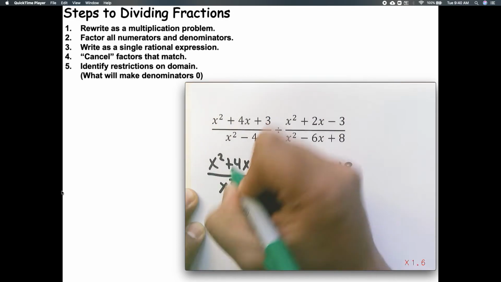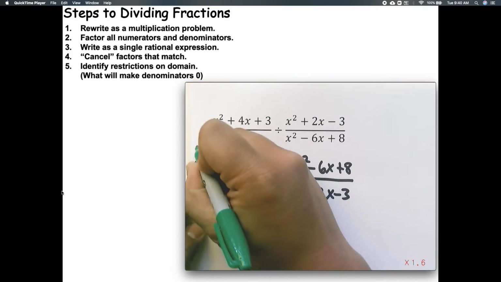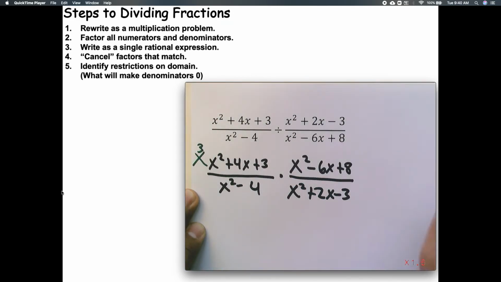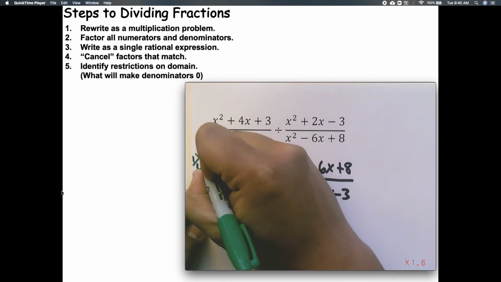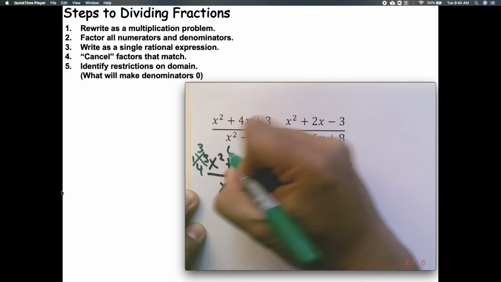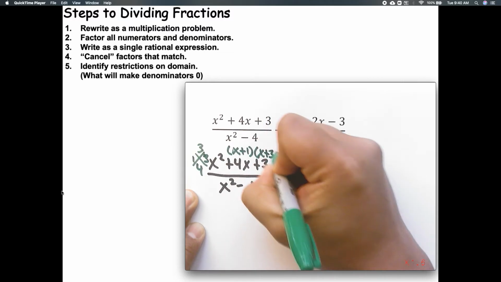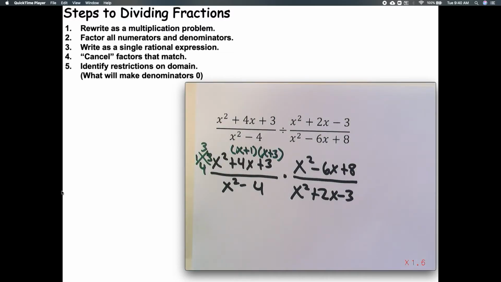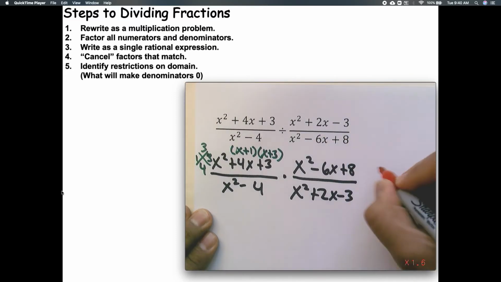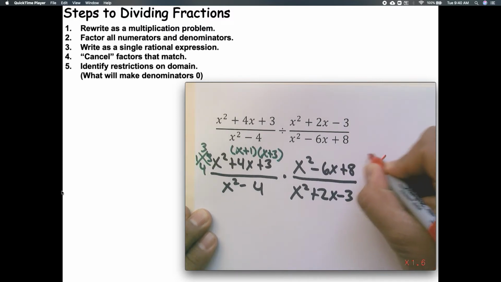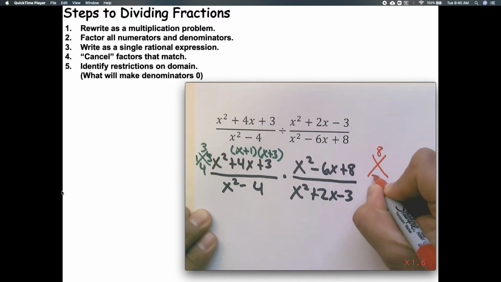So if I figure out two numbers that multiply to be a 3 and add up to be a 4, that's a 1 and a 3. So this turns into x plus 1 and x plus 3. All right, next one. Two numbers that multiply to be an 8 and add up to be a negative 6.